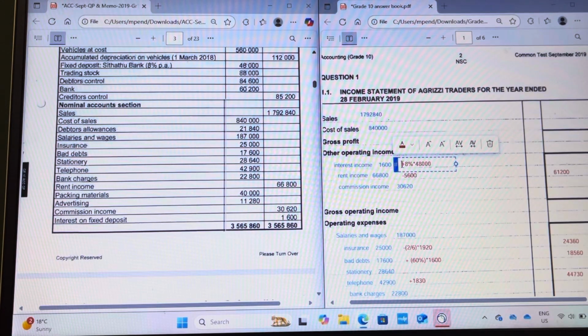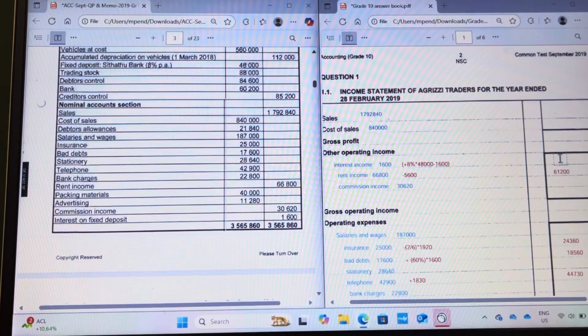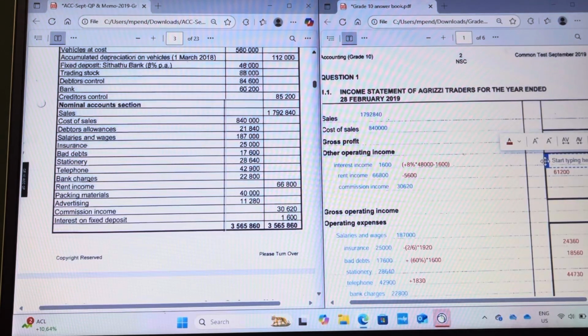So of this, we are supposed to remove the amount that we received, less this 1,600. And then our addition will be 2,240, which then gives us the total interest income receivable of 3,840. Then we're done with that, okay?